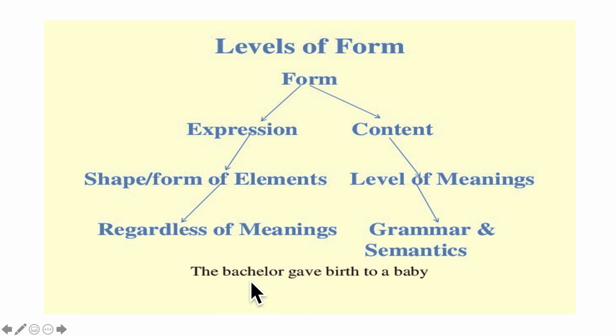Like here, the bachelor gave birth to a baby. He is not married. This is grammatically correct. It has a form, it has a shape, but meaningfully it is doubtful. How can a bachelor give birth to a baby? So this is the area of discussion of levels of meaning, grammar and semantics.